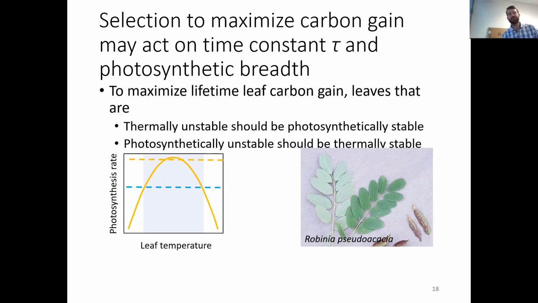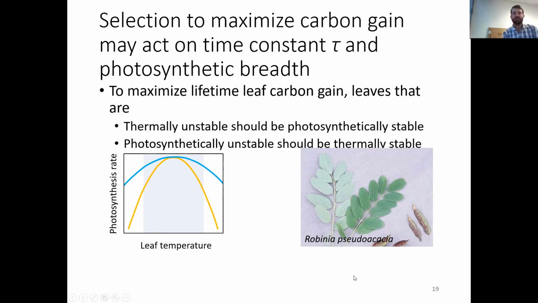But what if, so that's strange, these two leaves have very different values of time average photosynthesis. And so why would that be if leaf economics theory is trying to maximize carbon gain, right? So what we are proposing here is, what if there could also be selection on the thermal breadth of the temperature response curve for robinia.